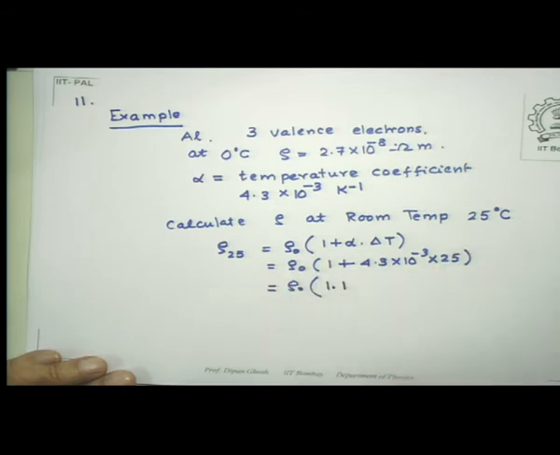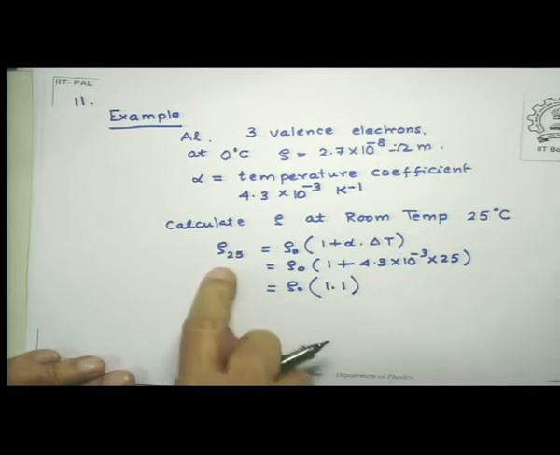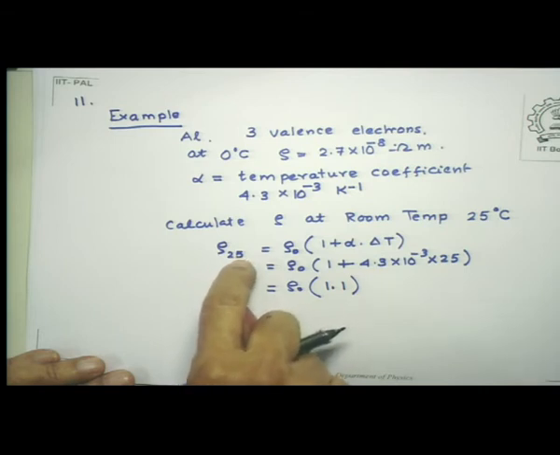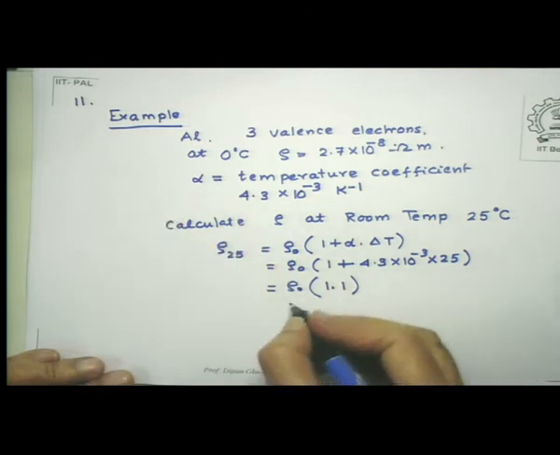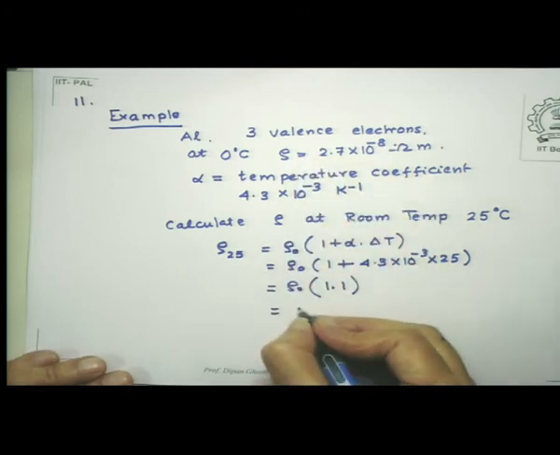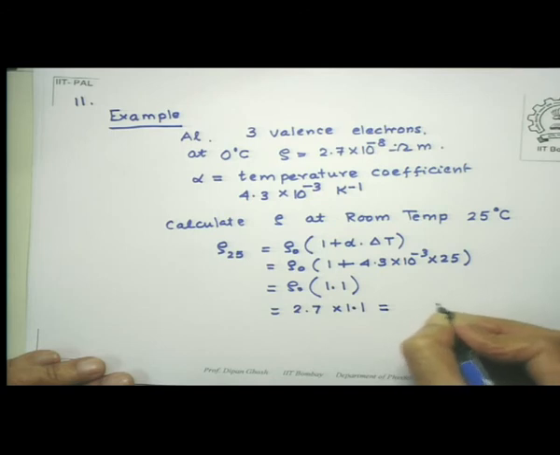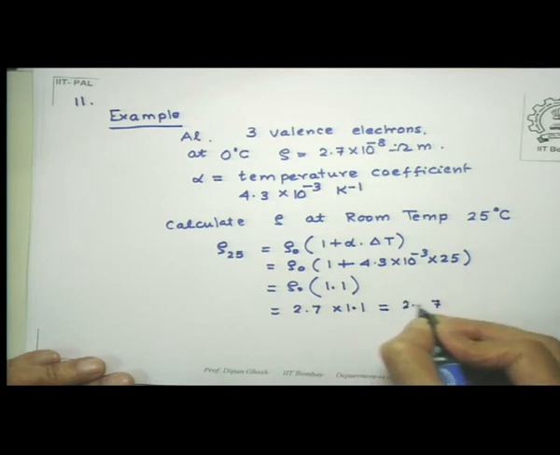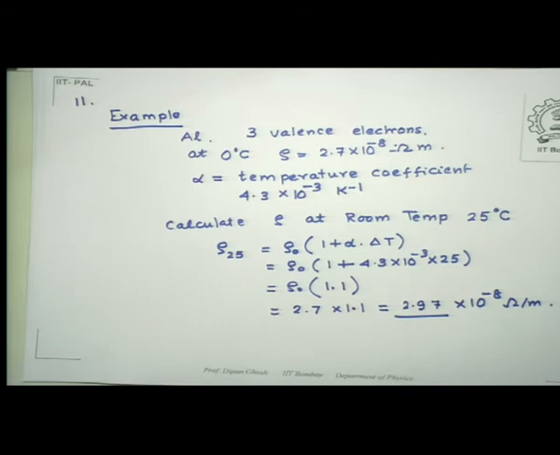So the resistivity at 25 degrees will simply be 1.1 times that; this was 2.7, and you add another 0.2, it's about 2.7 into 1.1. So about 2.9 into 10 to the power minus 8 ohm meter.